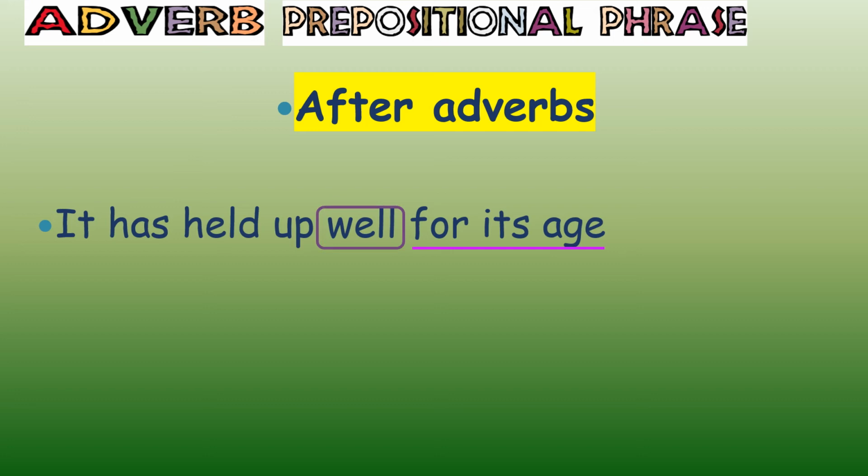Yes, well. Well is an adverb, remember. Well is the adverb of good, right? Now here, well is an adverb, and for its age is an adverb phrase that modifies another adverb. Adverb phrase modifies an adverb also, and it comes after it.